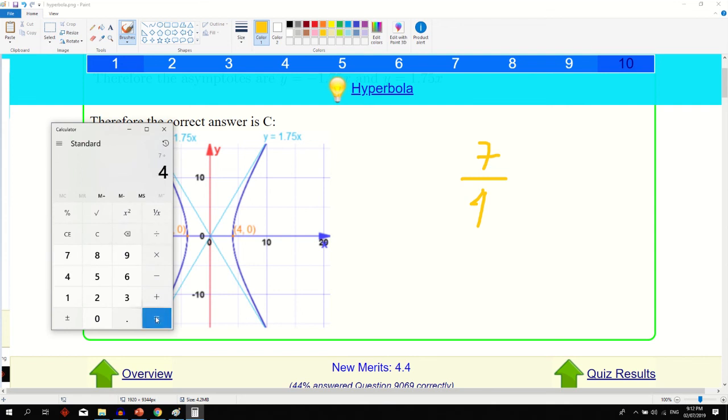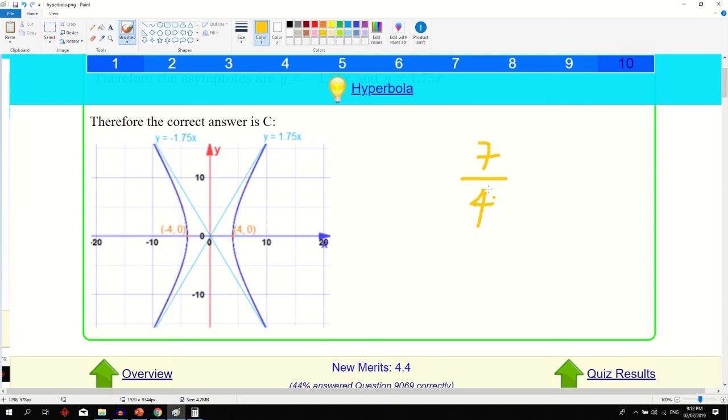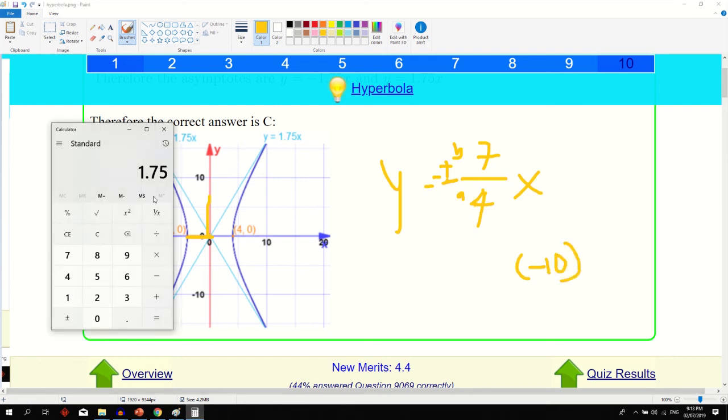It should be 7 over 4 because here is the A and this should be the 7, the B, and this is the A. Positive and negative is equals to the asymptote. So asymptote, y and the x. So we will substitute x equals to -10, then 7 divided by 4.